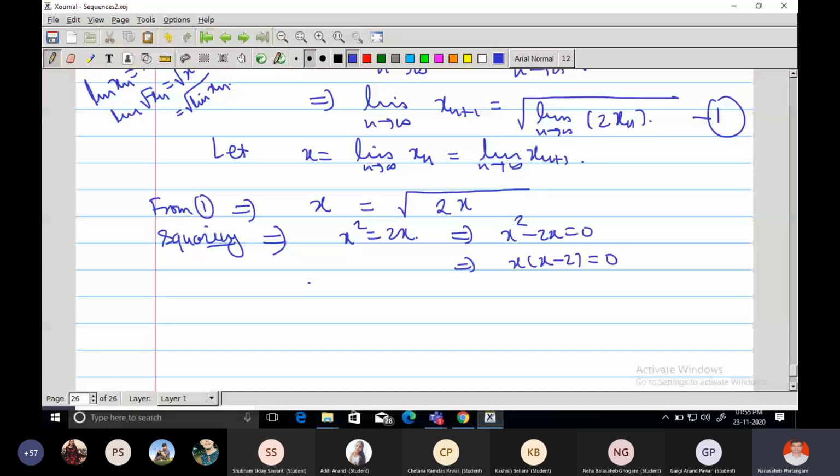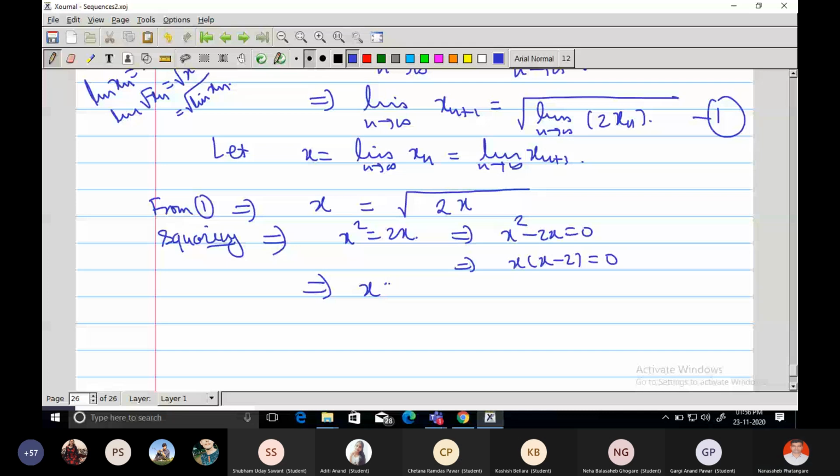Therefore, what is the limit of the sequence x_n? x into (x minus 2) is 0 implies the product of two numbers is 0, implies x is 0 or x minus 2 is 0, right?